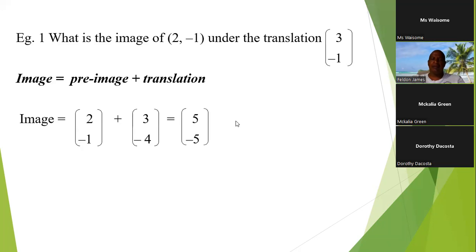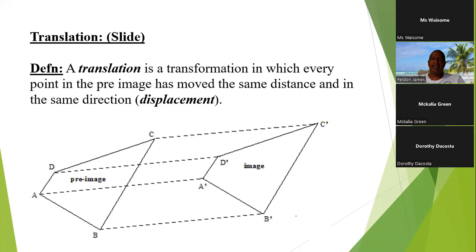Let me just go back up to the previous slide. This shape, right? The dotted lines would be the lines that go from the pre-image to the image. So the line from A to A dash would be this line, and the line from B to B dash would be this line.